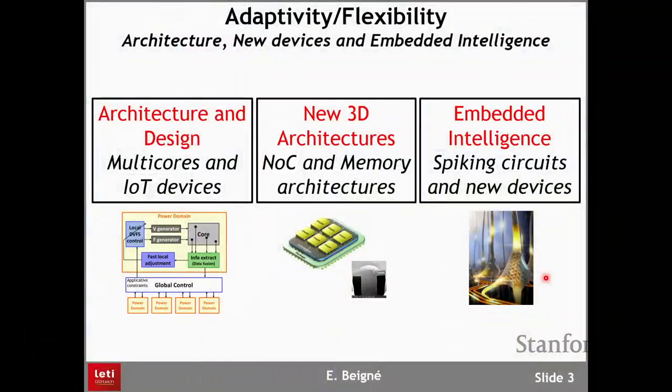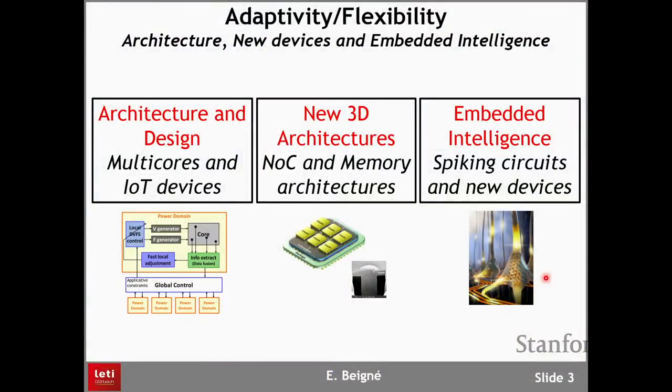So my talk today will address different ways of adding more adaptivity and flexibility into architecture and design. The first is we can look at architecture and different applications, so multi-cores and IoT devices. Today I will more address multi-cores. How can we bring more flexibility to these architectures in order to have more energy efficiency?